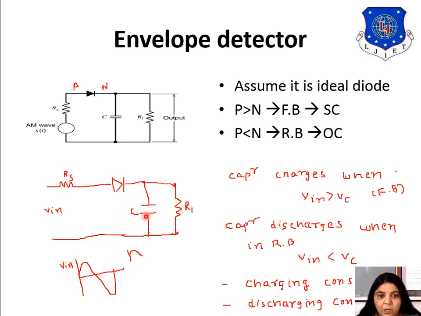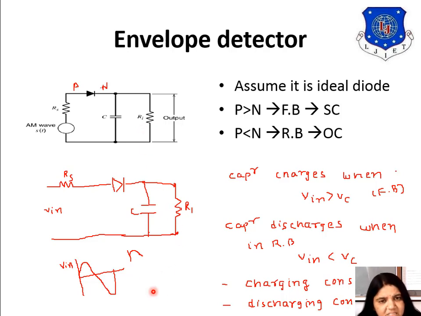The capacitor is already charged, so the voltage across it is more. So when V_in is less than V_C, the capacitor discharges and the diode is reverse biased. When the capacitor charges, the time constant is Rs multiplied by C, and when it discharges, the time constant is RL into C.